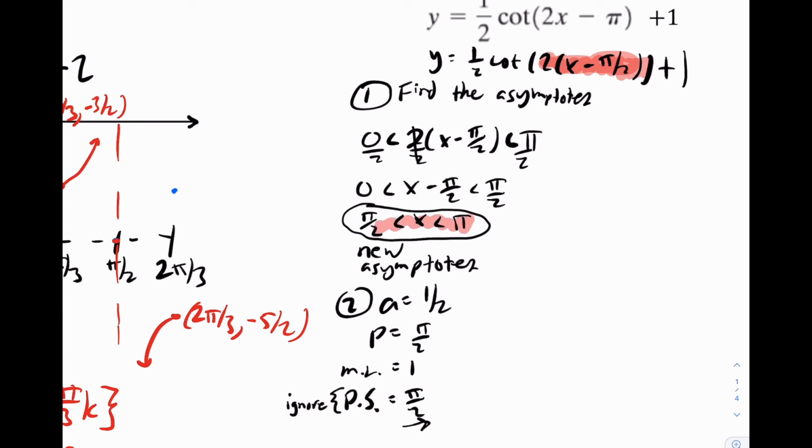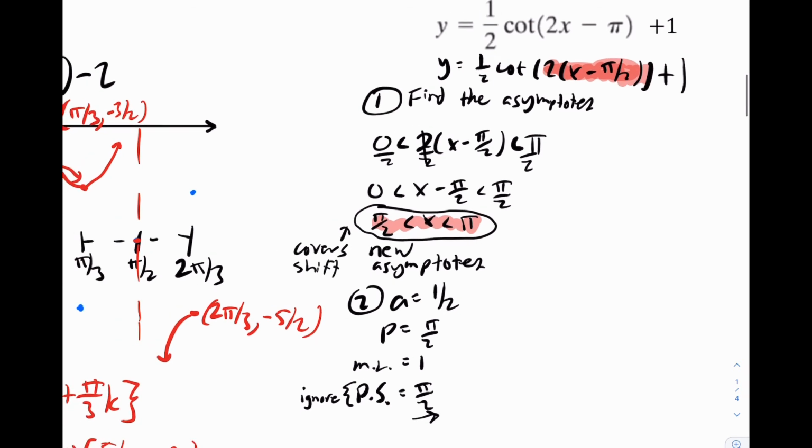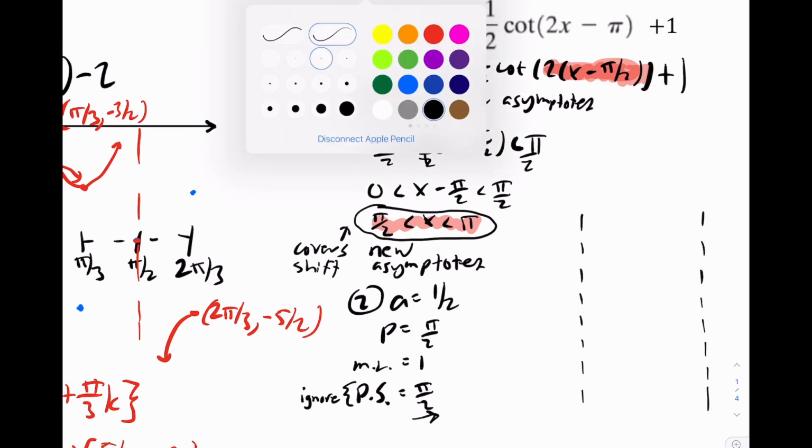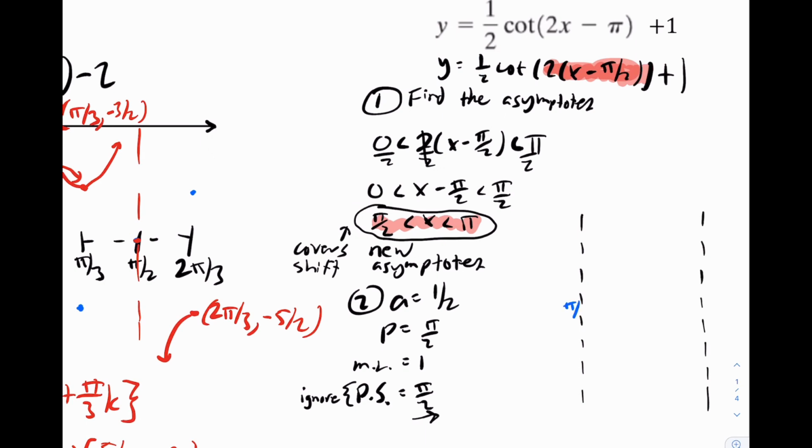The beauty of this technique is we actually already shifted it, so this actually covers the shift. That's really nice about the technique. Meaning, when I draw in my asymptotes right now, by making this pi over 2 and pi, I'm effectively shifting the graph right now, so we're just saving ourselves some time.